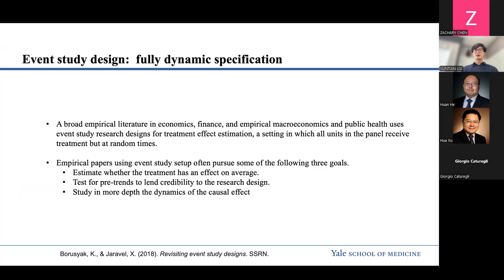But it suits treatment effect estimation where all the units are in a panel. By panel, that means longitudinal data. The econ people and biostat people use these terms interchangeably.